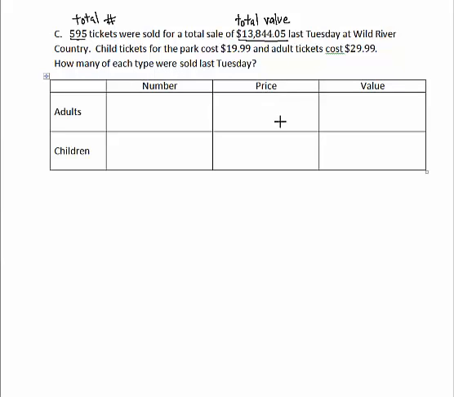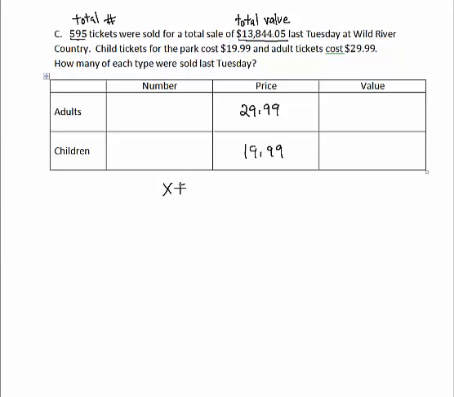So we can already complete the price column. Adults is $29.99, children $19.99, and we have a similar situation to the previous problem. We were told the total tickets.